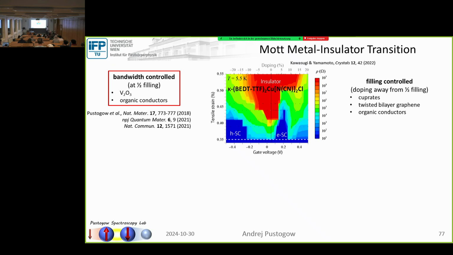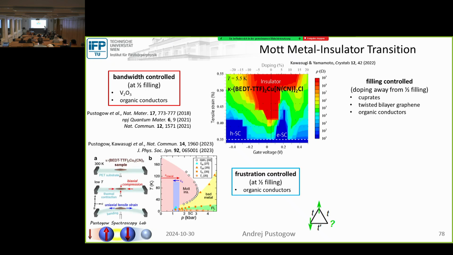Let me just mention that the organics can by now also be doped, and it was shown that they show electron-doped superconductivity and hole-doped superconductivity, and you have electron-hole asymmetry like you have it in the cuprates as well. And also bilayer graphene. So the organics can by now be also doped, but these experiments are more difficult.